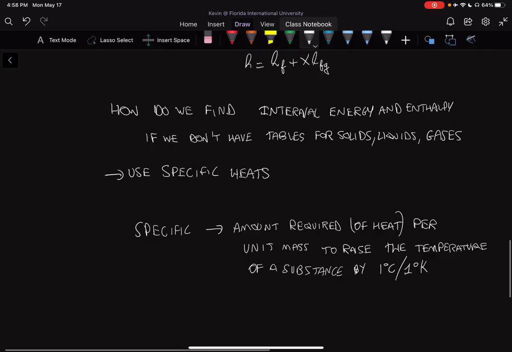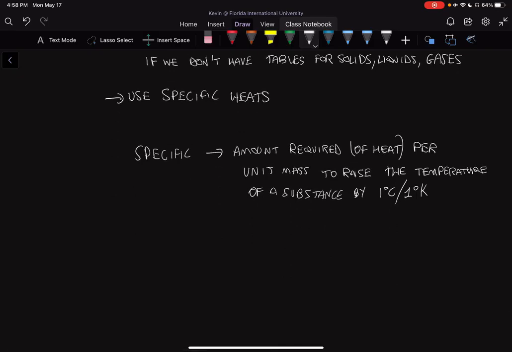And we have two types of specific heats. We have a constant volume specific heat, which is CV for constant volume, and we have a constant pressure specific heat, which is CP.